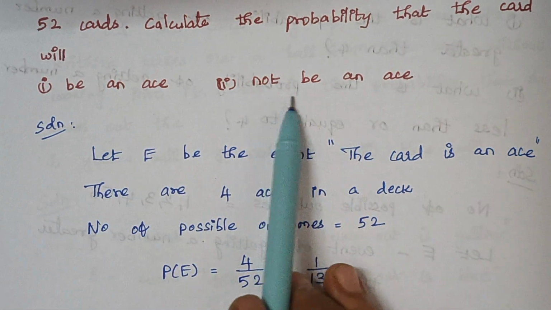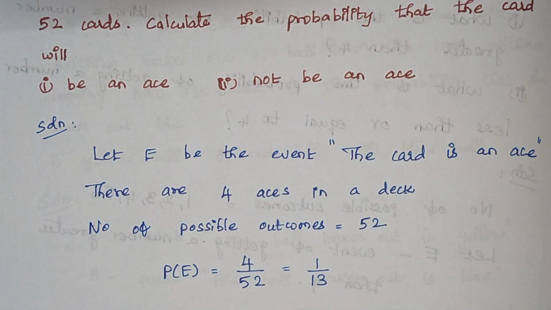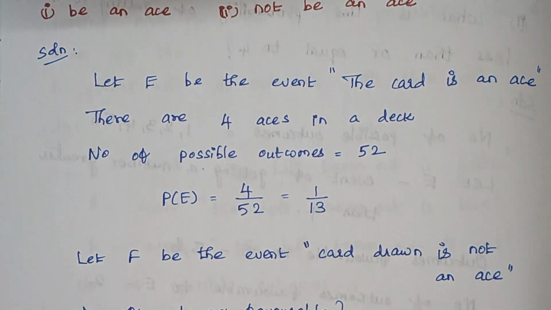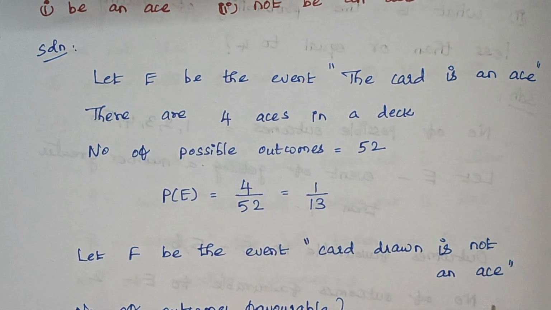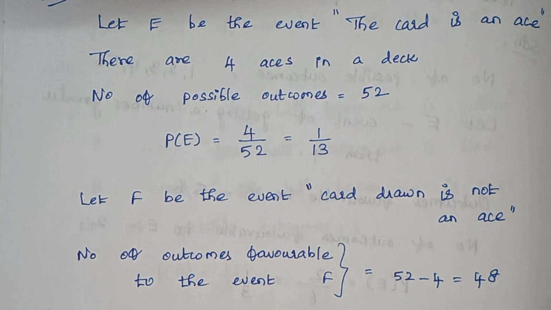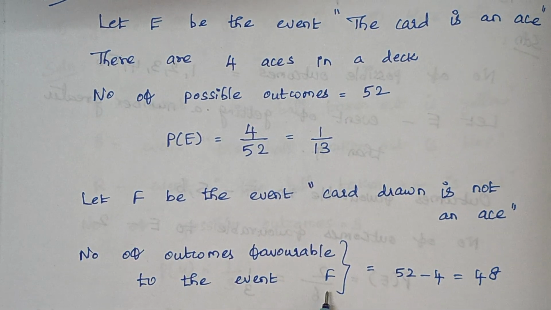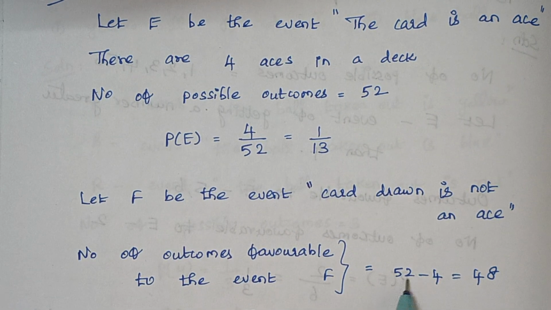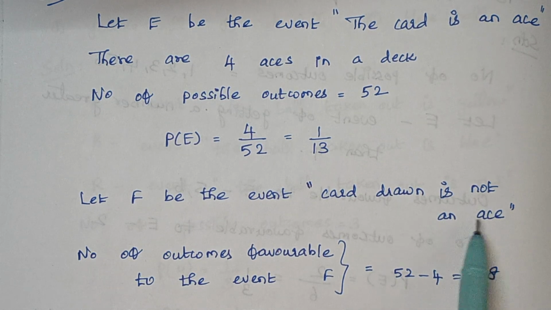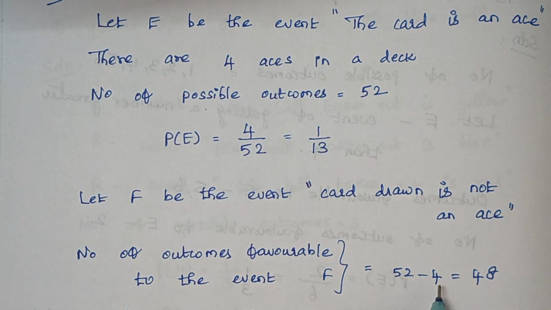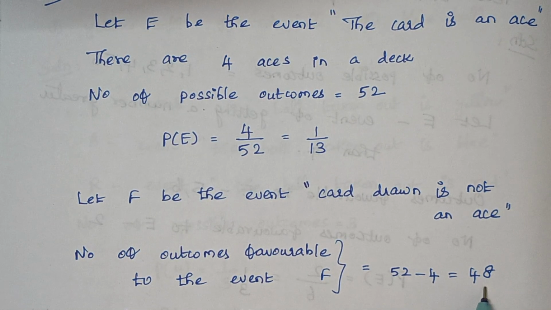Then the next one is not an ace. So here let F be the event that the card drawn is not an ace. So the thing is, the number of outcomes favorable to the event F, because out of 52 cards there are only 4 ace cards. So not an ace card means obviously 52 minus 4 which is equal to 48.